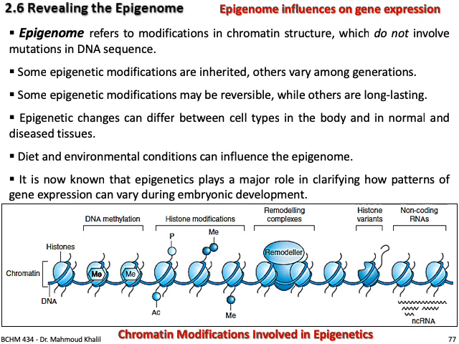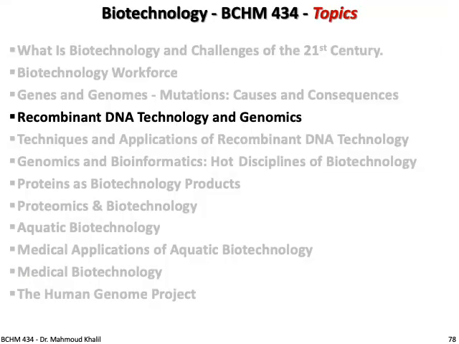All of them control when a gene is transcribed and how much messenger RNA is transcribed, when it's switched on, and when it's switched off. So these are all types of modification that can regulate gene expression without mutation, or change the protein pattern without mutation.